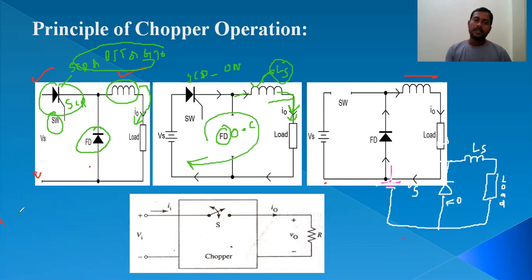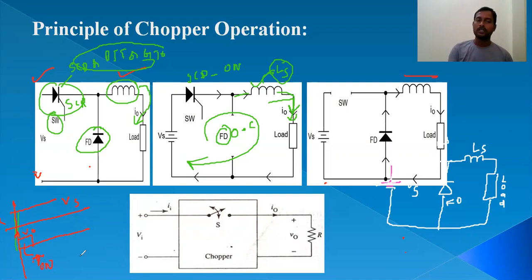So let me draw a switching diagram. This is supply voltage Vs, and this is the output voltage. For example, this is T on time, nothing but the thyristor on time.